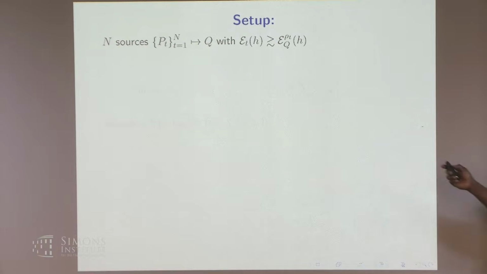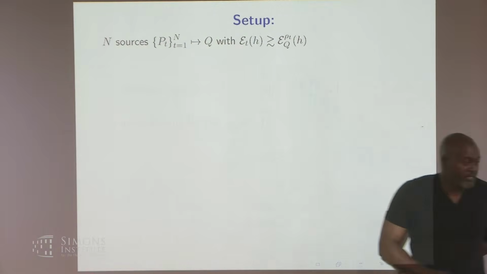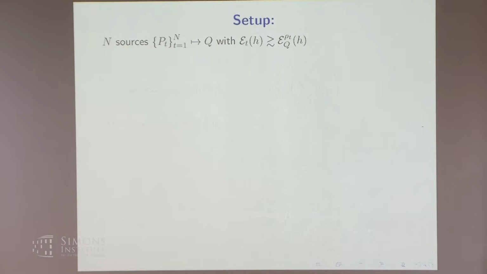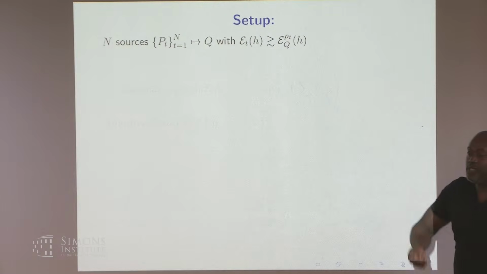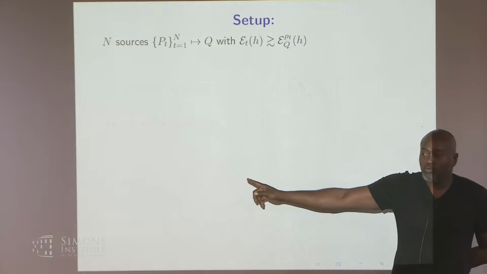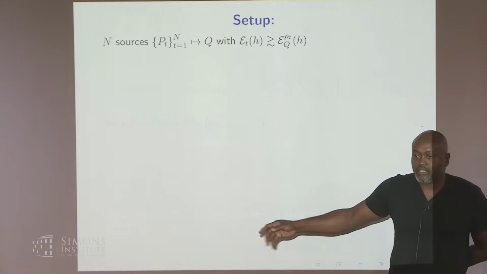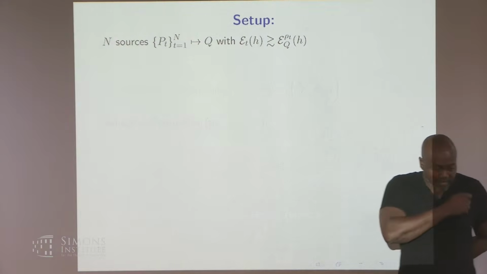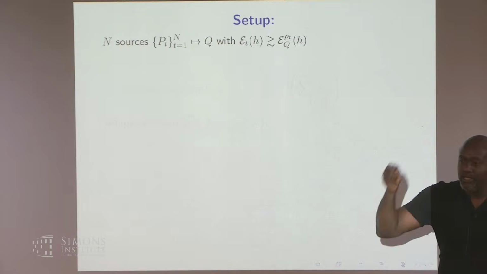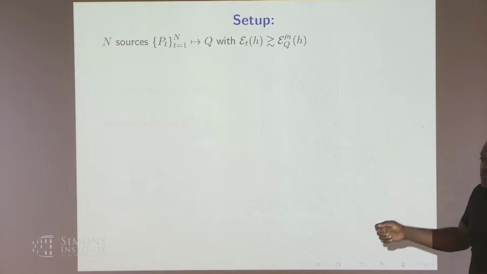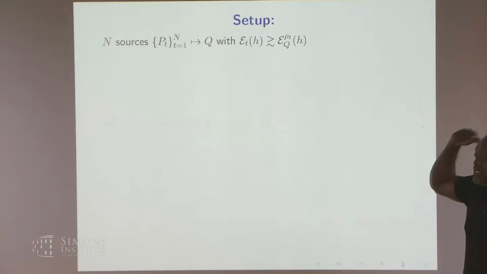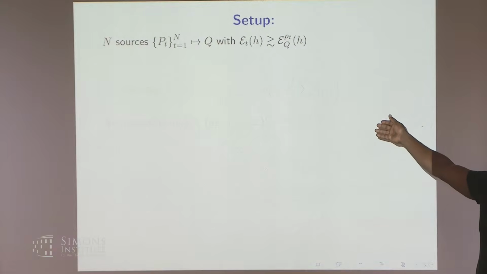Let me just say something quickly about it. Here is the setting we looked at. Let's assume a very easy setting where we should be able to do well in terms of the combined sample size. I have n sources, it's classification, and they all have exactly the same H star: H star 1 through H star n is exactly the same as the H star of the target.